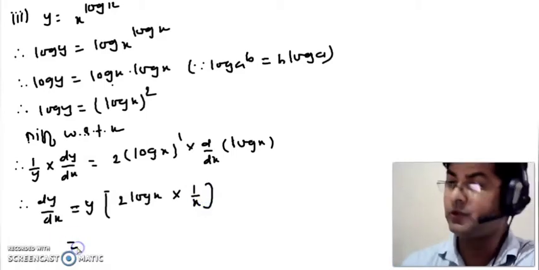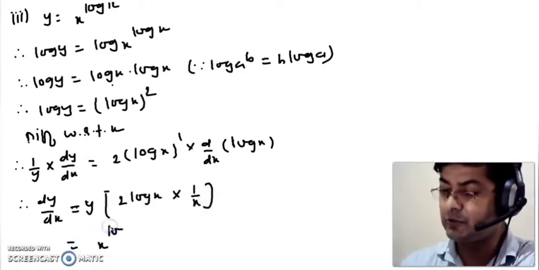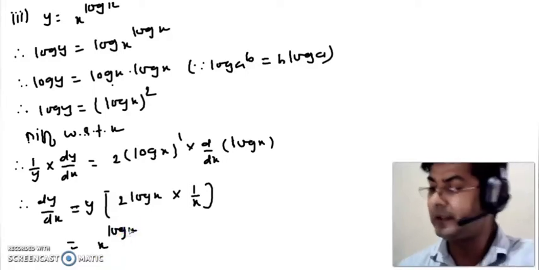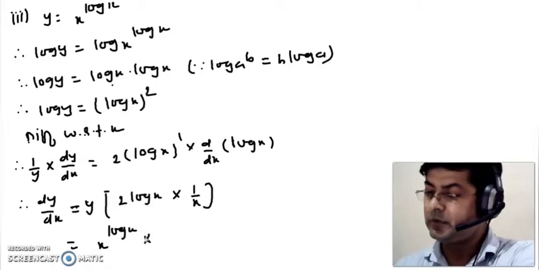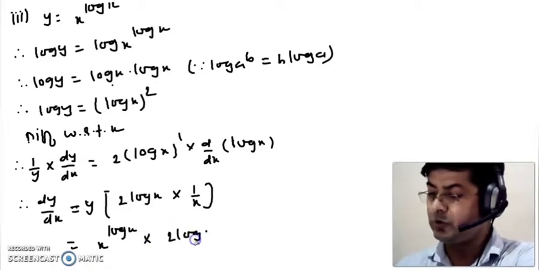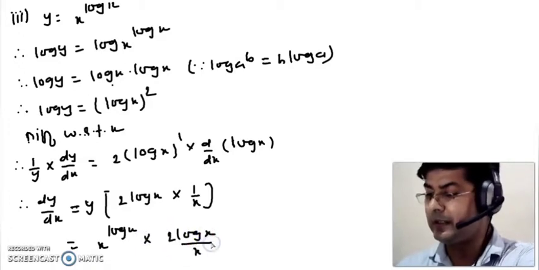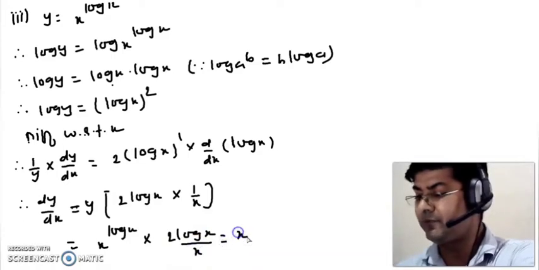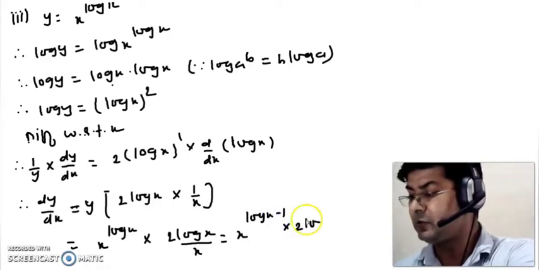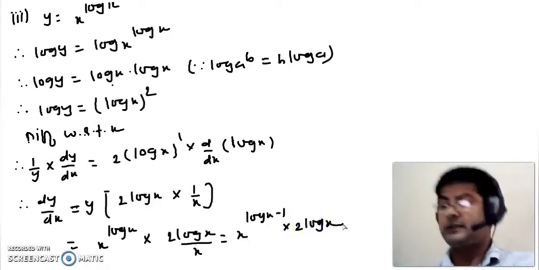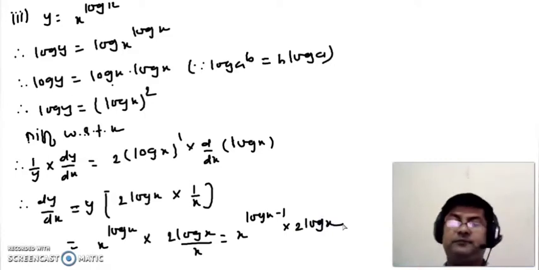Let us put the value of y, that is x raised to log x into 2 log x by x. So one more simplified step we can write as x raised to log x minus 1 into 2 log x. Clear? So this is the answer.